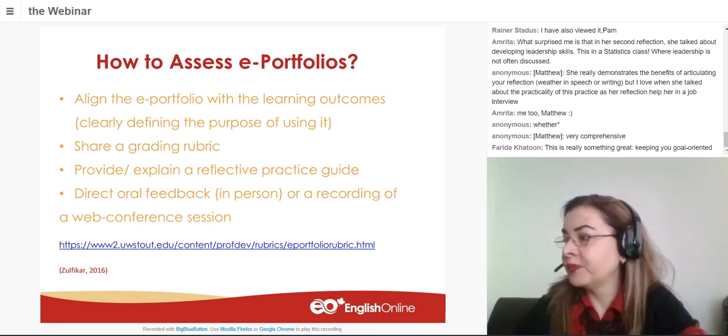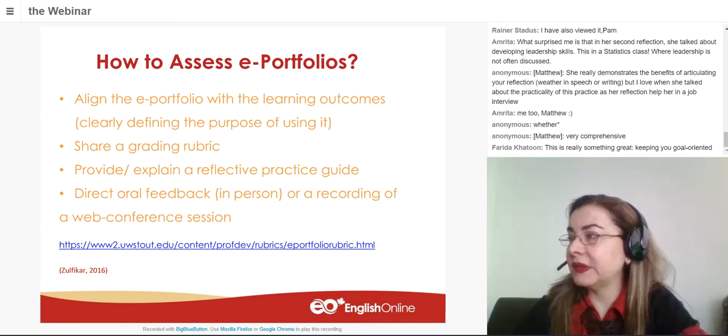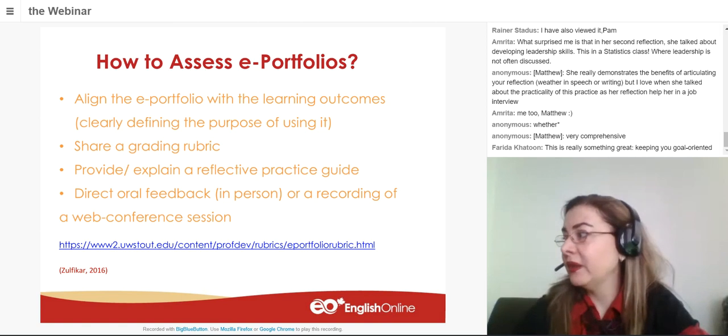So if you can take a look in the rubric, there are two important components, which are navigation, how the navigation links are added. Are they added in a confusing way or not?